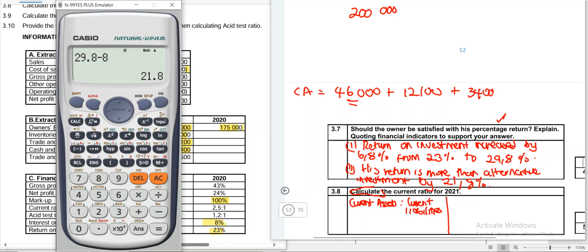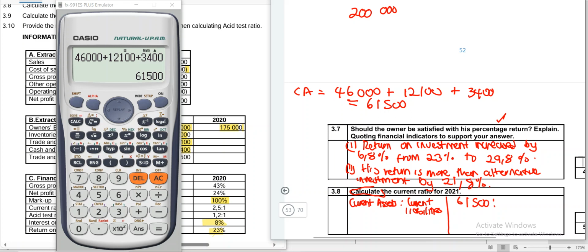So let's see. We'd say 46,000 plus 12,100, and then also plus 3.4, and it gave us 61,500. So our current assets is 61,500.